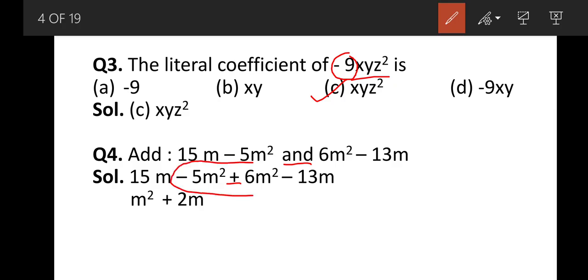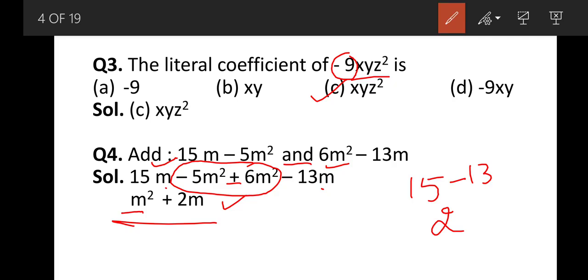These two are like terms. So after solving, I will be getting m square, and 15m minus 13m, 15 minus 13 gives you 2, and m will remain as it is because these two are like terms. So your answer is m square plus 2m.